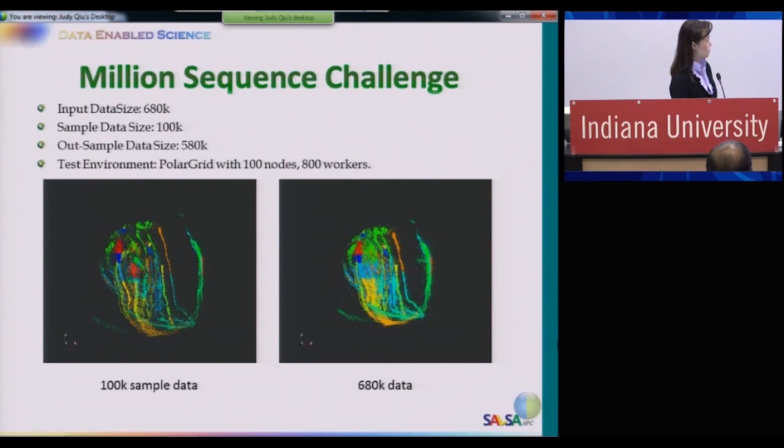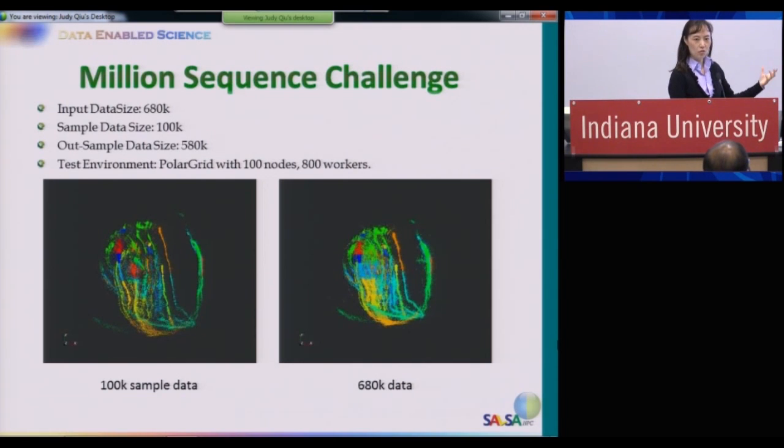We actually have a million sequence challenge problem. The input data is less than a million, but it is a very large data set. We process it, cluster it, do dimension reduction, and visualize it. This snapshot shows the visualization result, and you can clearly see the structure of the data.